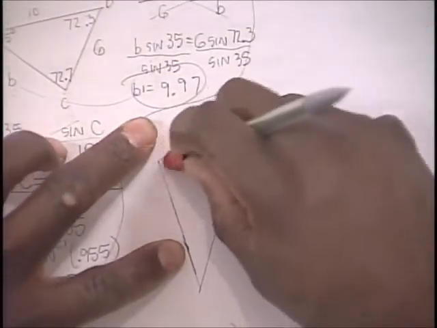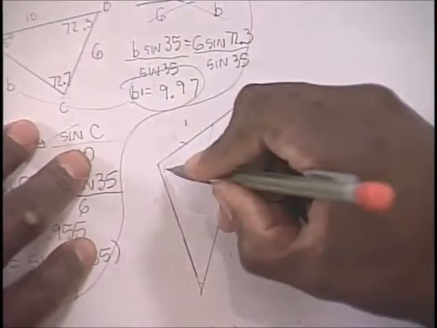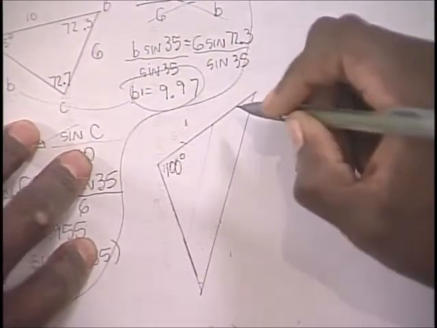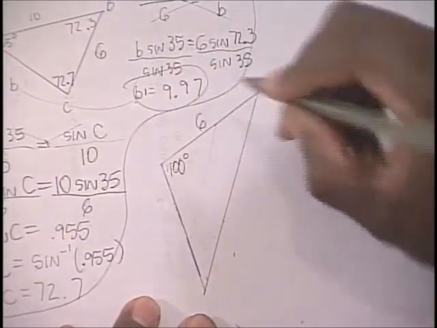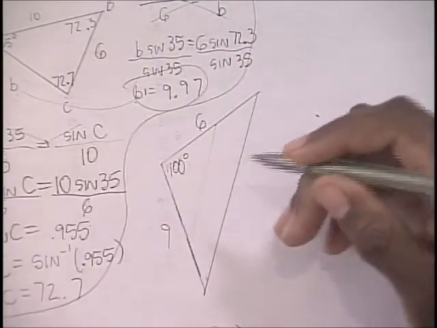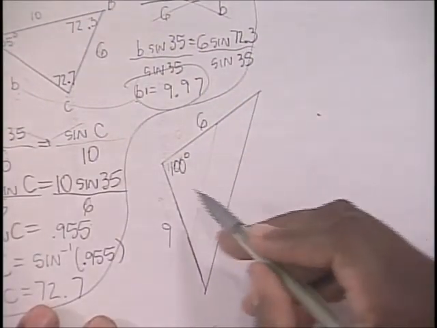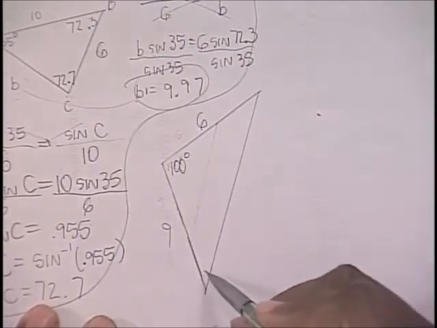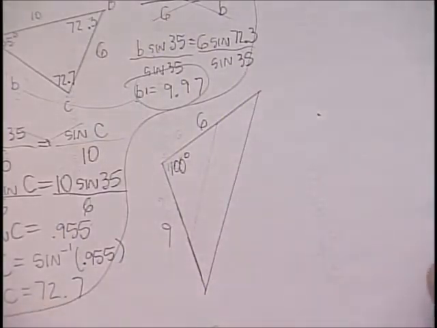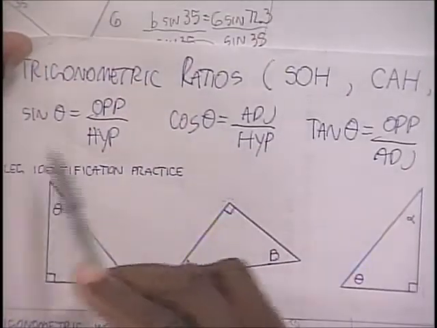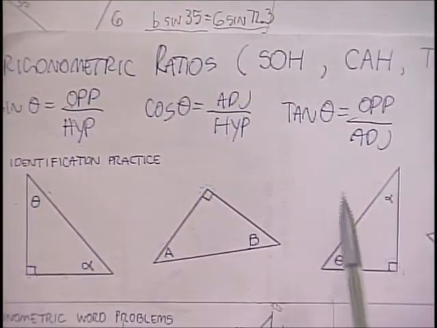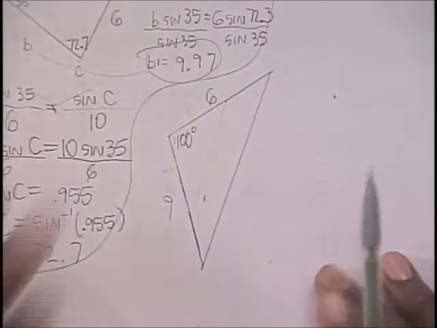This is a 100-degree angle, and let's say this side is 6, and this side is 9. So none of these ratios apply. Sine, cosine, tangent, none of those trigonometric ratios apply.